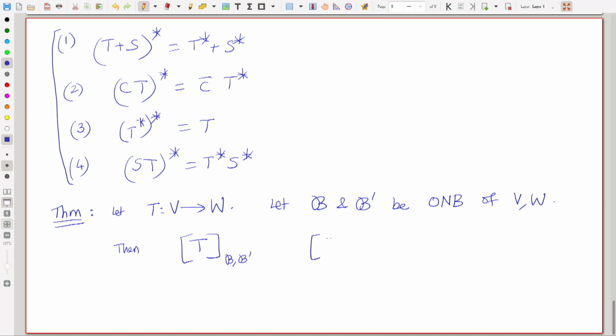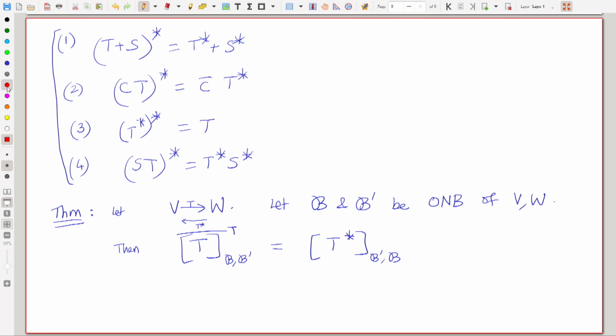So what is the comparison? Likewise I can look at the matrix of T star. Remember, T star goes in the opposite direction: T goes like this, T star comes in the opposite direction. The matrix of T star with respect to B prime comma B, with respect to the other pair, turns out to be the same as this matrix conjugate transpose.